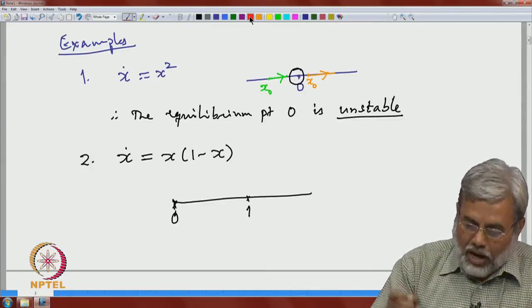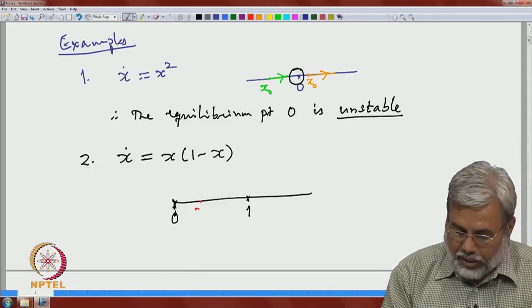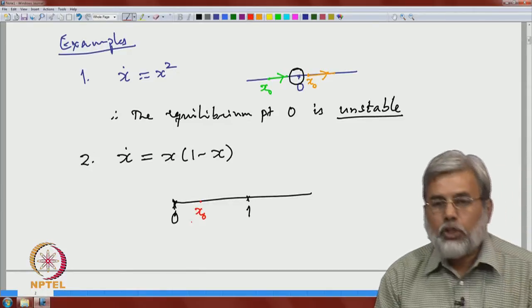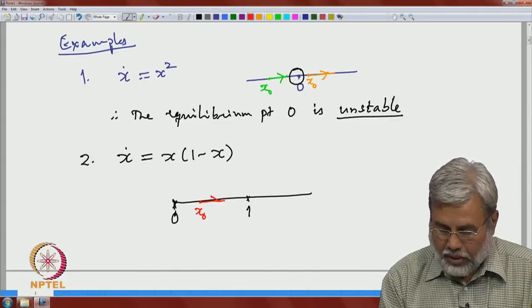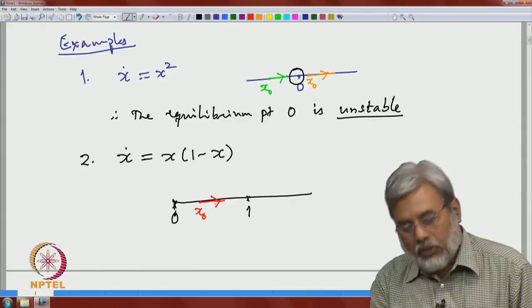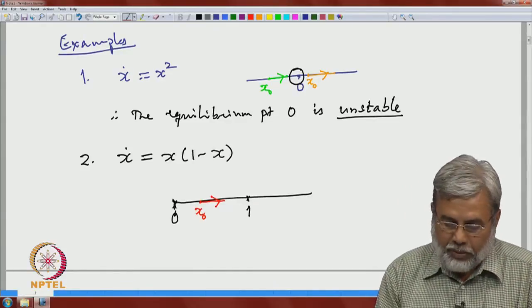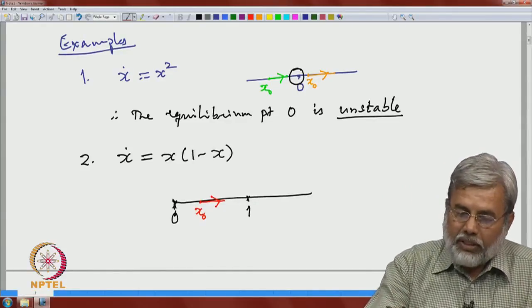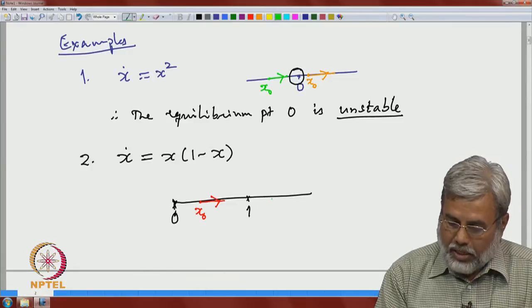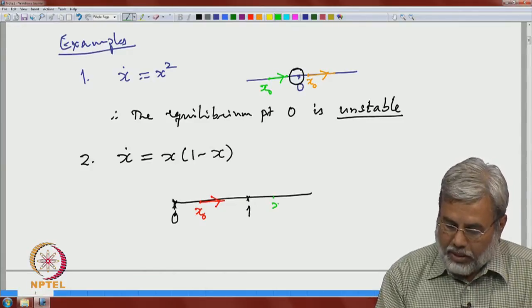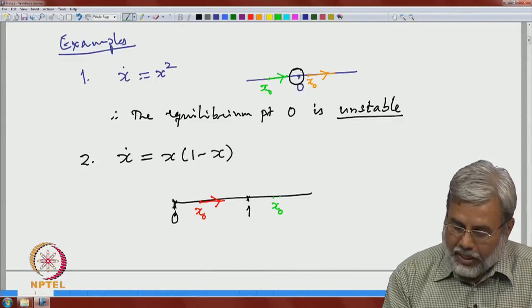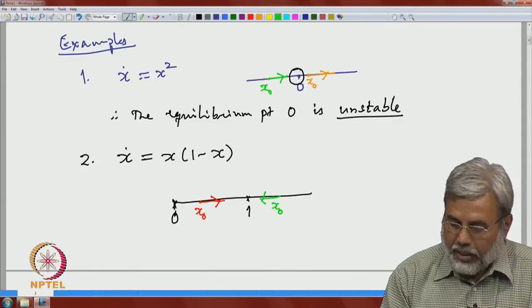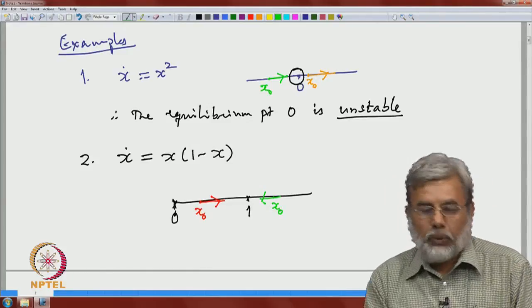If we start a solution between 0 and 1, the orbit moves towards the right and in fact approaches 1, and if we start the orbit through x 0 which is bigger than 1, then it moves towards 1 again.